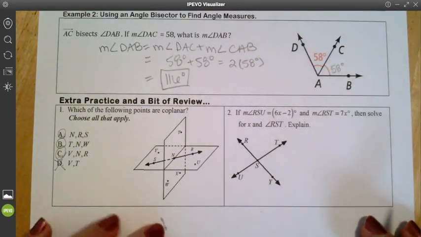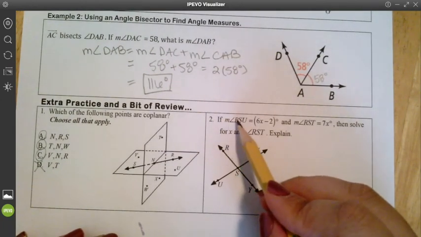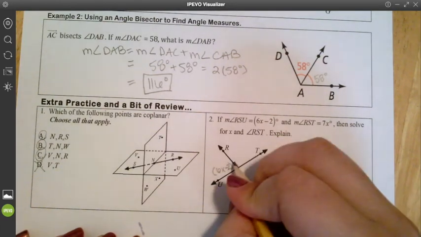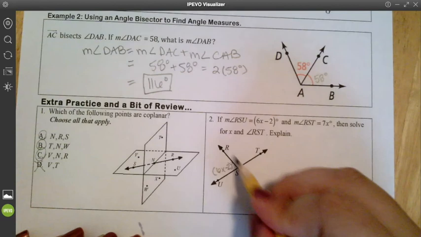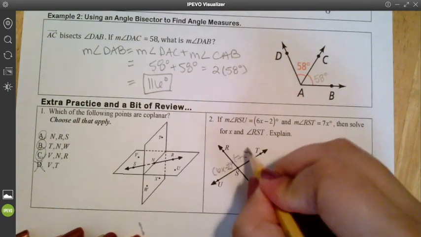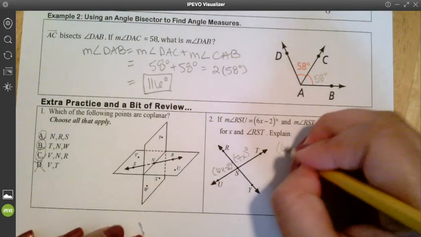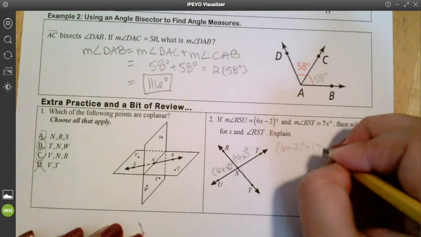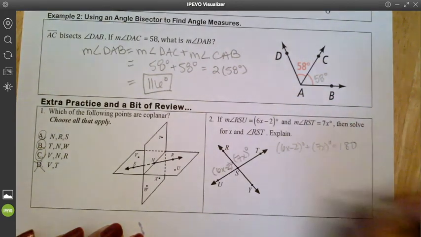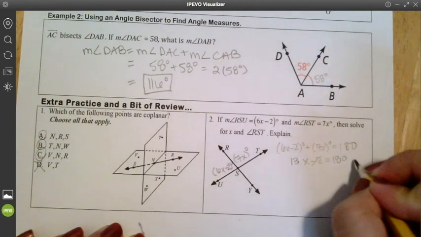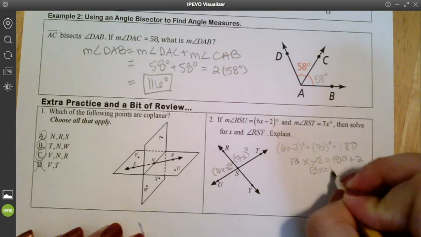Number 2, if the measurement of angle RSU is 6x minus 2 degrees, and RST is 7x degrees, then solve for x and angle RST. Well, what do we know about those two angles? Those are a linear pair, so they are supplementary. So we have 6x minus 2 plus 7x equals 180. Collecting like terms, 6 and 7 is 13x minus 2 is 180, plus 2, 13x is 182.